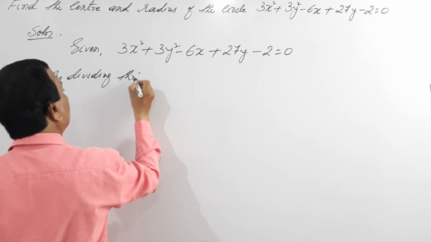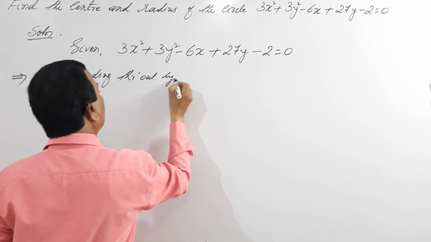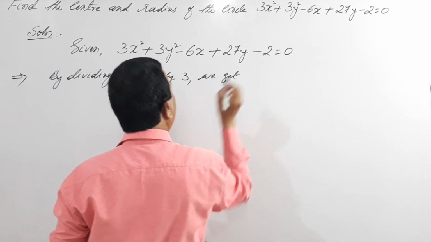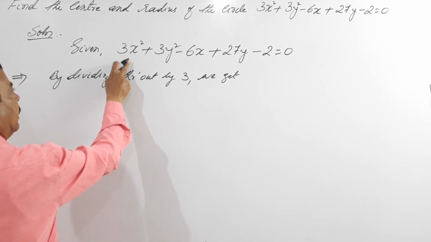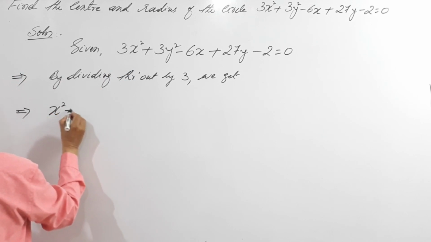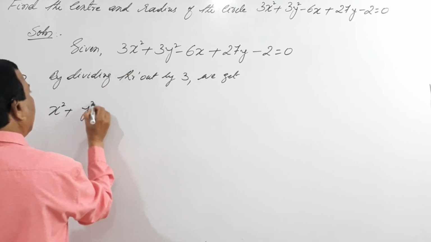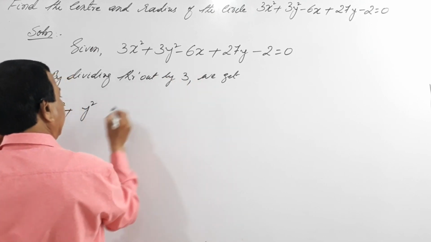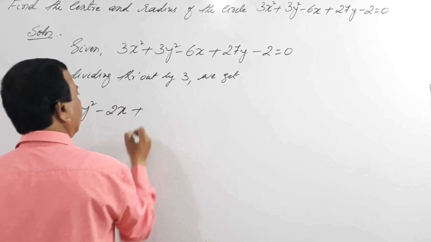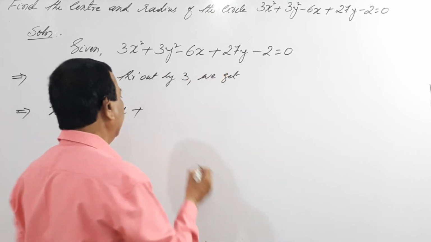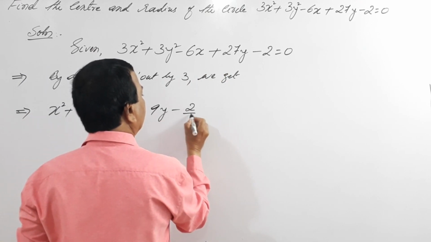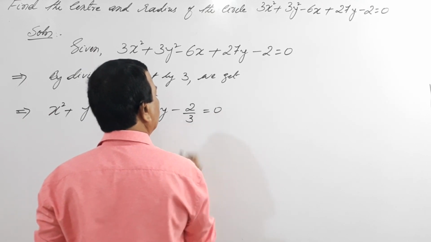Dividing throughout by 3, we get: 3x square by 3 will be x square, 3y square by 3 is y square, minus 6x by 3 will be minus 2x, 27y by 3 will be 9y, minus 2 by 3 equals to 0.